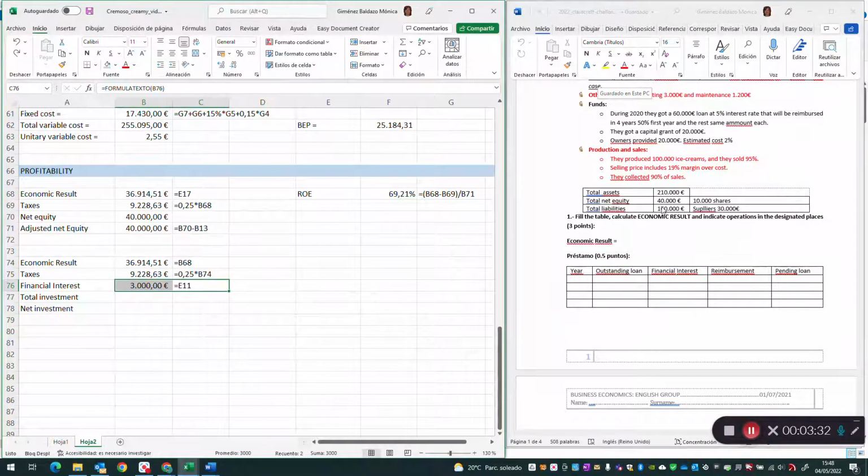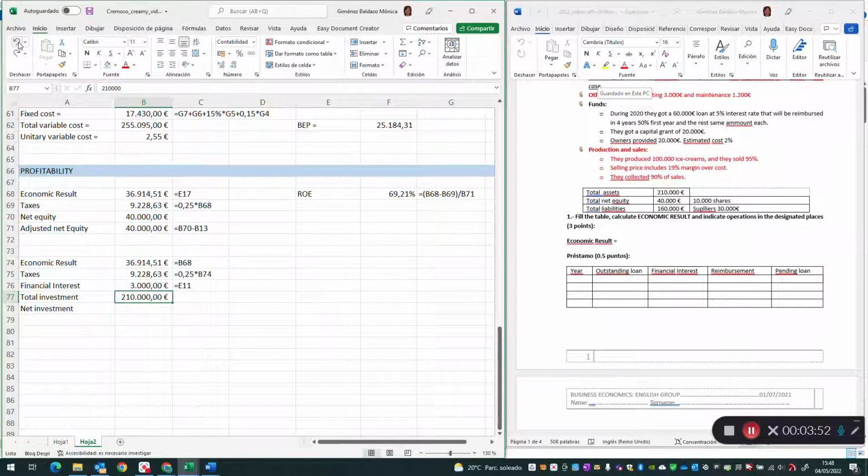Because this total liabilities is just one part of that column. So if you don't want to do it wrong, what you have to take is this total assets, because this is a bigger amount. So you take the bigger amount, you're doing it right. That's going to be the total investment.